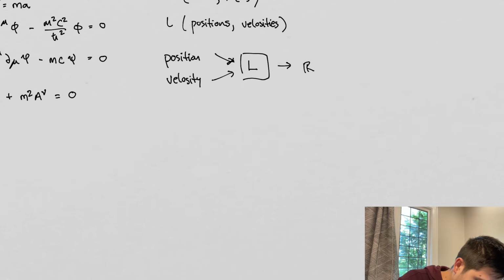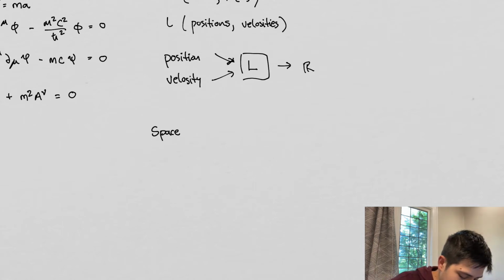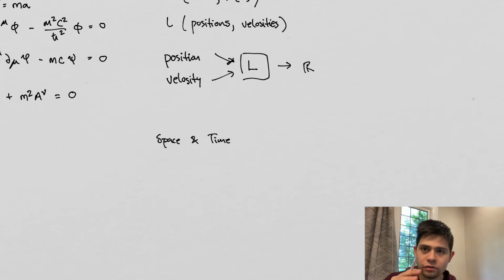If we're considering a space in which its underlying structure depends on positions, or space and time, so if this is what our field is over, we can construct a field, and at every point in that field we have some number or some vector or something like that.